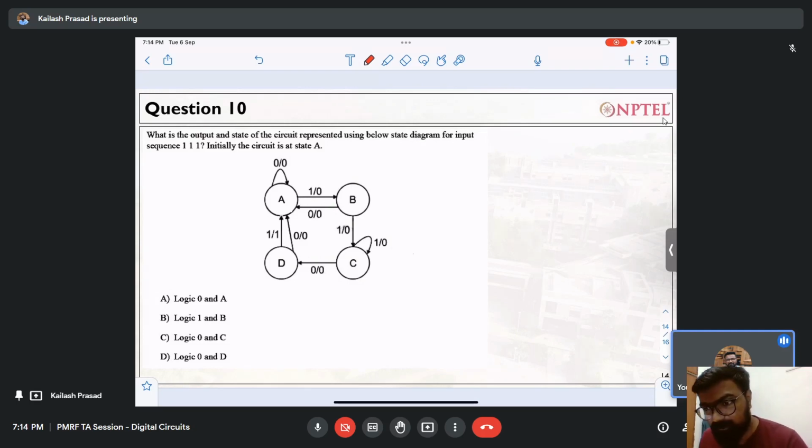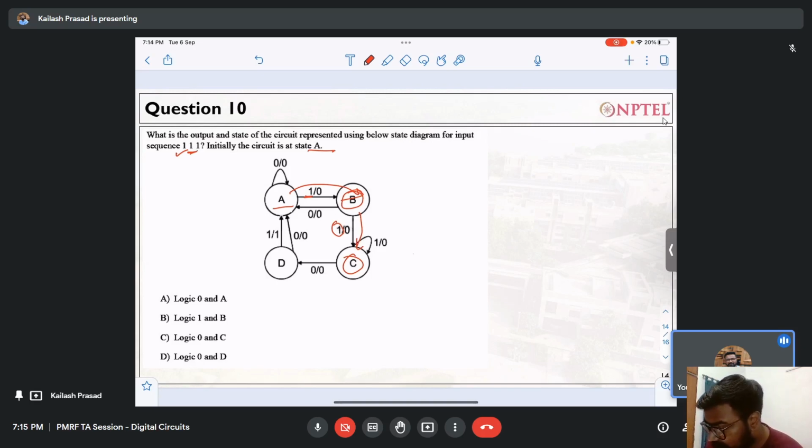So let me see if you guys are correct or not. I don't know the answer, so I am trying to solve it. If the initial state is A and the first input is 1, the output will be 0 and I will go to B. Now I have another input that is 1, and I am at B, so I will go to C. So I am at C now after the second input of 1.